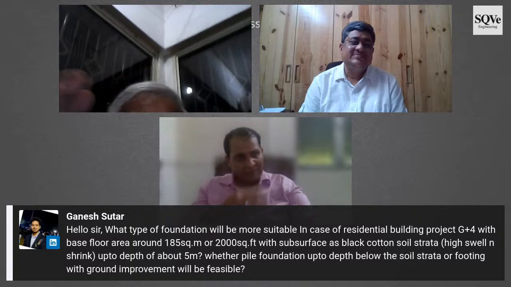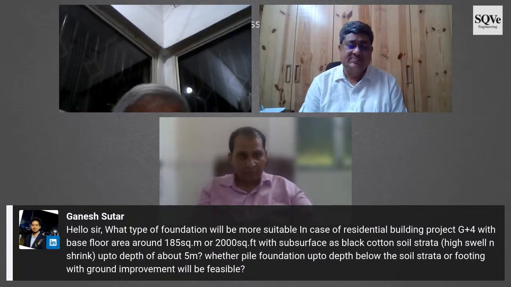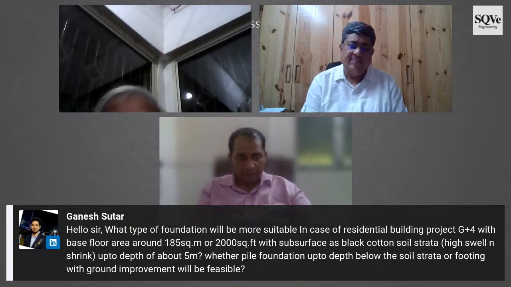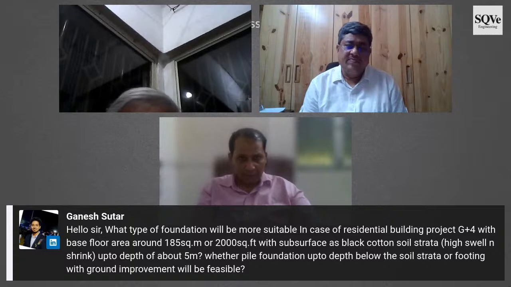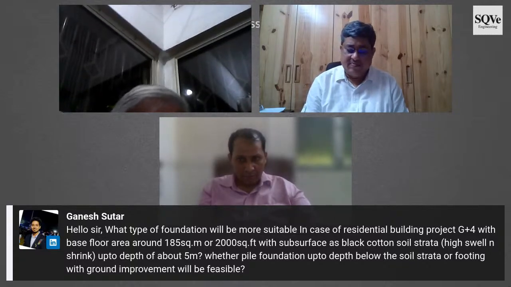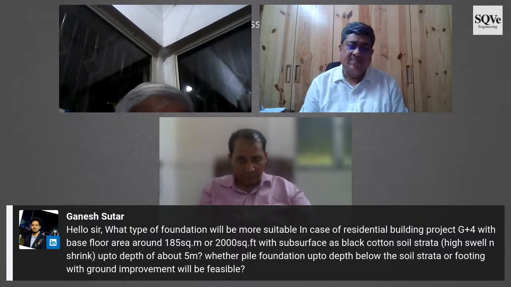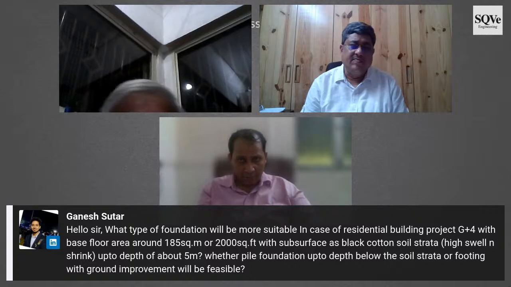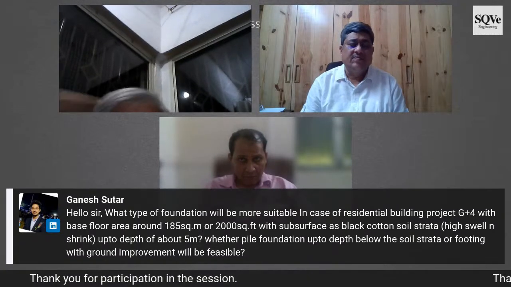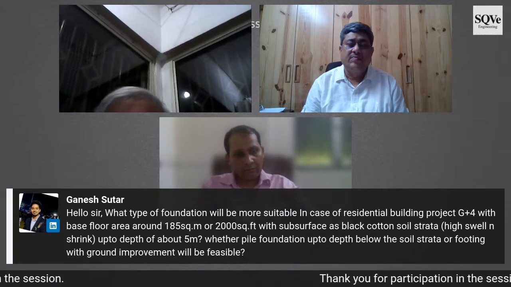But this has worked extremely well because in Cochin, when we did MPEDA, Marine Products Export Development Authority, we used 46-meter length of precast piles because Cochin is known for very soft clays. Some areas have stiff clay, same as in some parts of the eastern coast. So you find that it does work with the black cotton soil.